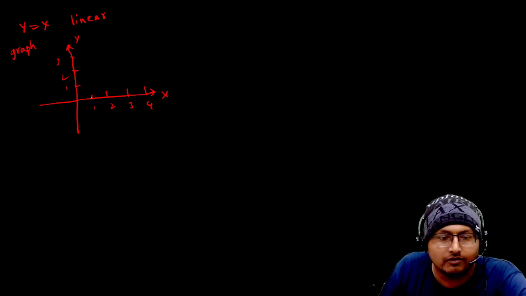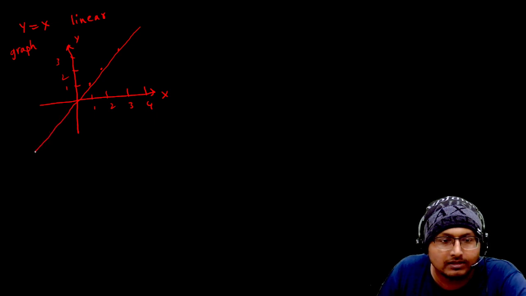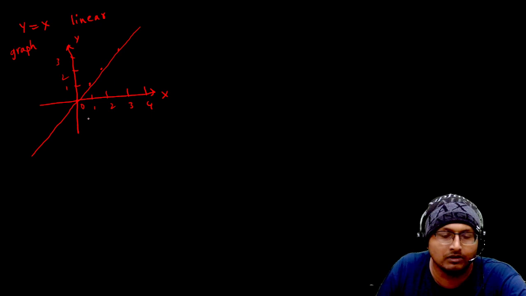If x equal to 1, y should also be equal to 1. So this is the point. If x equal to 2, y should also be equal to 2. If x equal to 3, y should also be equal to 3. So it becomes a straight line, a line touching all the points. It also passes through the origin. So this is the graph of y equal to x.